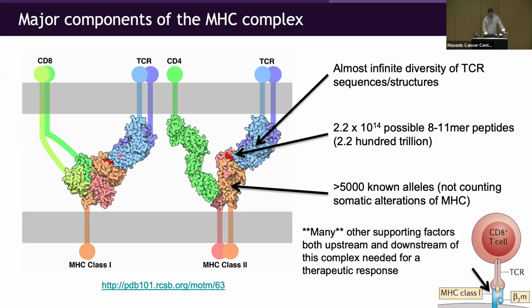And this is what allows the adaptive immune system to really work, to recognize foreign pathogens that can't be predicted in advance. You have to have this ability to create this random diversity of sequences and structures so that the adaptive immune system can work.